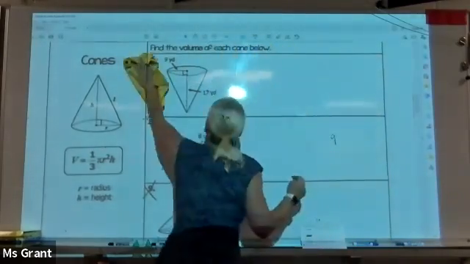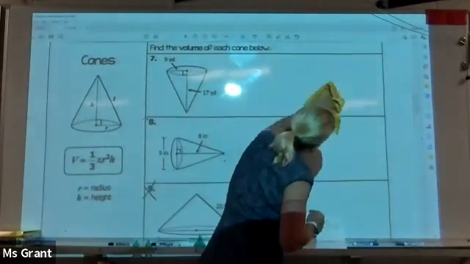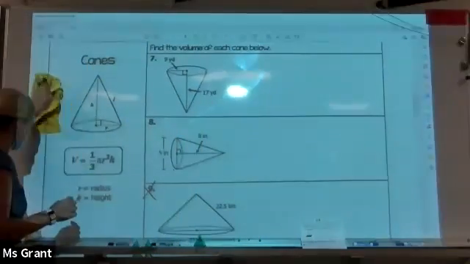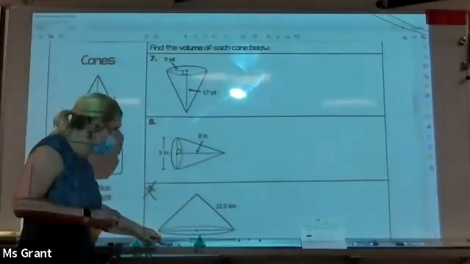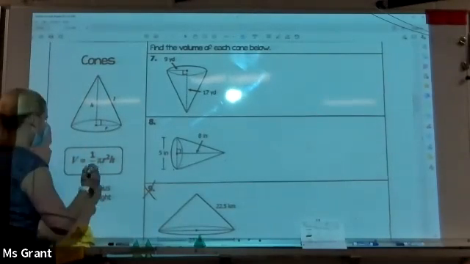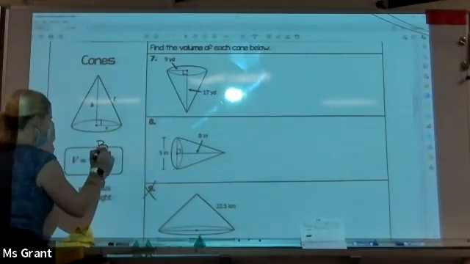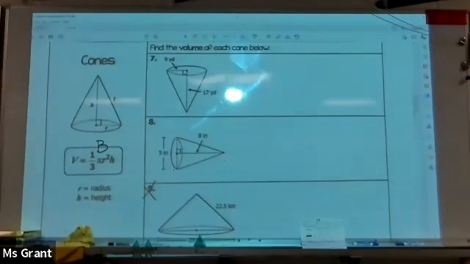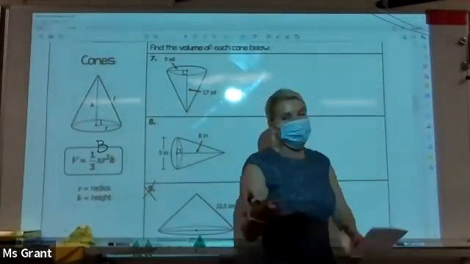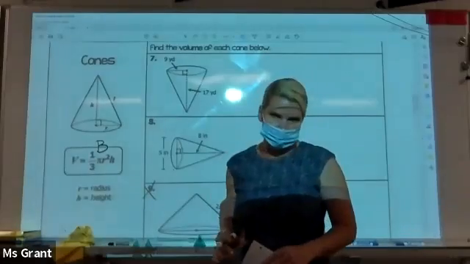So cone, this pi r squared would be considered the base of my shape. The base is a circle. The area of a circle is pi r squared.